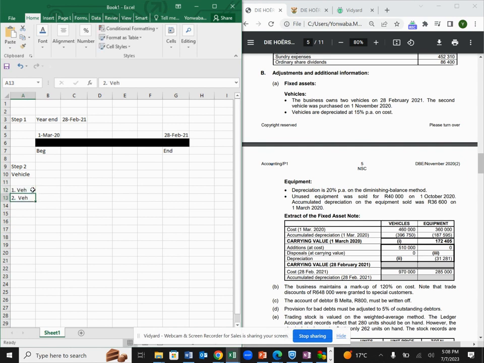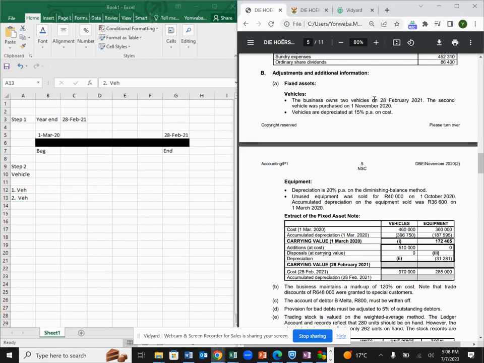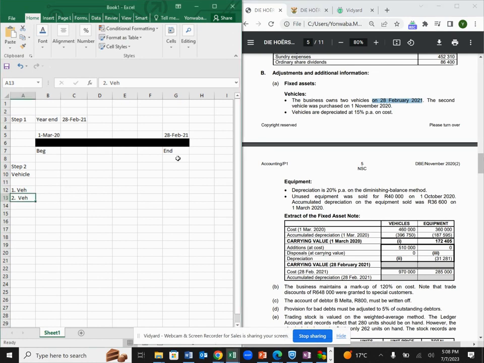That's what you do. Planning. The thing that they're dealing with. The business owns 2 vehicles on the 28th of February 2021. That means that on this date, there were actually 2 vehicles. Guys, very important what I'm doing here. You're going to be tracking information. That means that there are 2 vehicles there. The second vehicle was purchased on the 1st of November 2020.